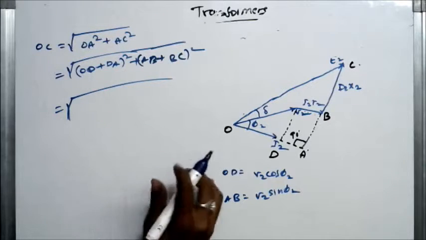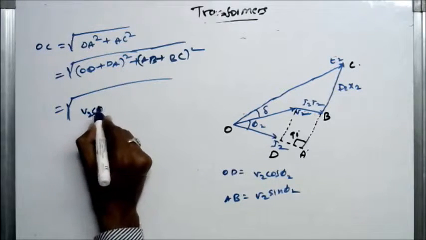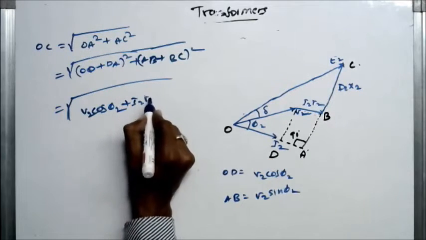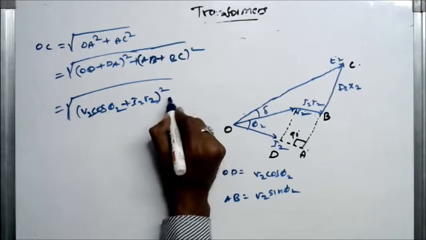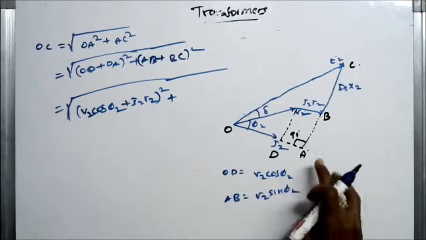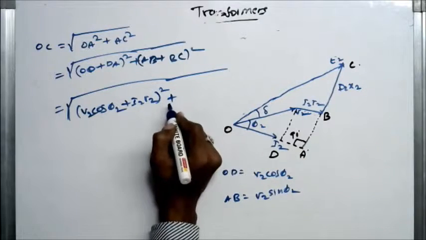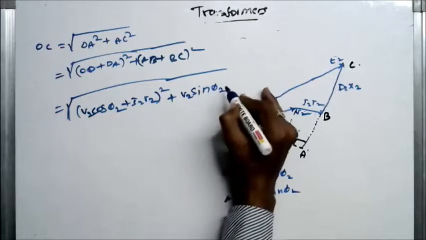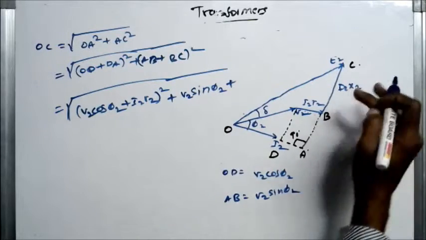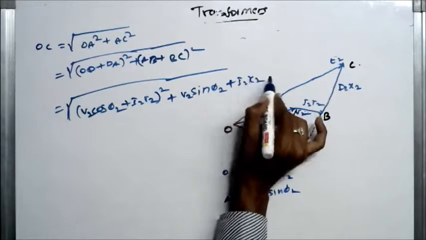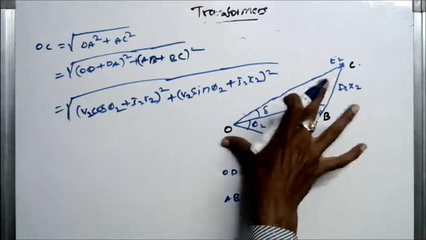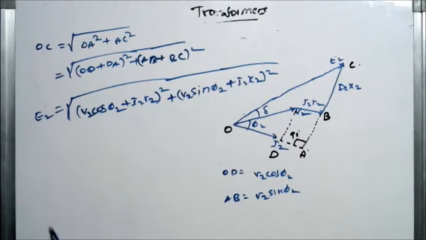OD is equal to V2 cos phi 2, plus DA, I2 R2, whole square, plus this AB is equal to V2 sin phi 2, plus this BC, I2 X2, whole square. So this OC entirely is equal to E2. This is one way of finding E2.